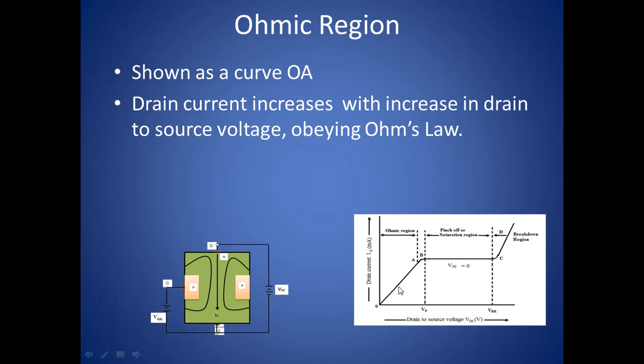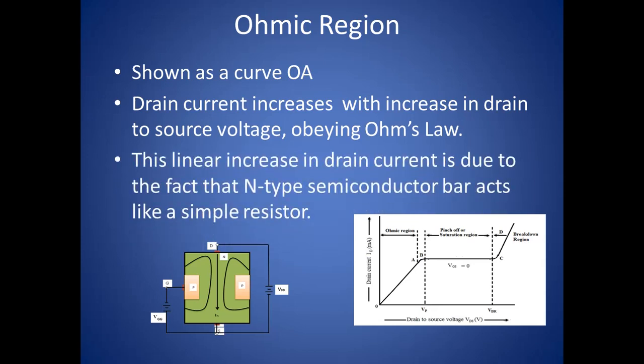This obeys Ohm's law because the drain to source voltage is directly proportional to ID. In this region, this linear increase in drain current is due to the fact that the N-type semiconductor bar acts like a simple resistor. Up to this the curve obeys Ohm's law.